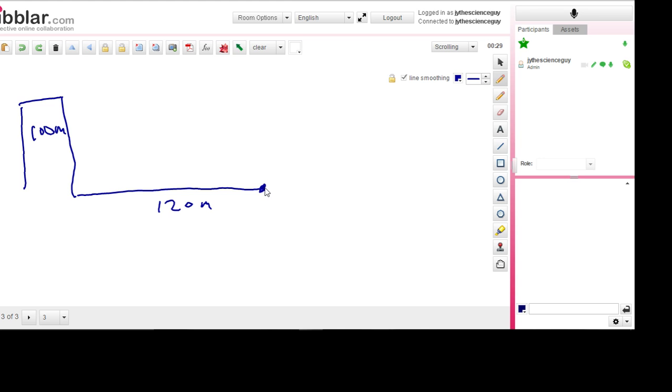Then how far is it from the top of the shadow all the way to the top of the building? So this is like one of those ladder against the wall questions. Right. So that's a right triangle, right? Yeah, 90. So what am I actually looking for? What side am I looking for? The hypotenuse.